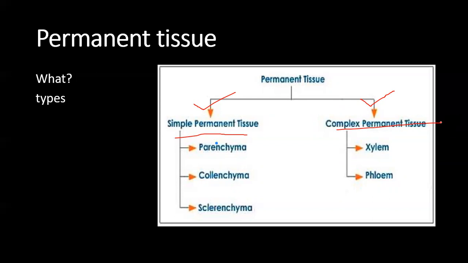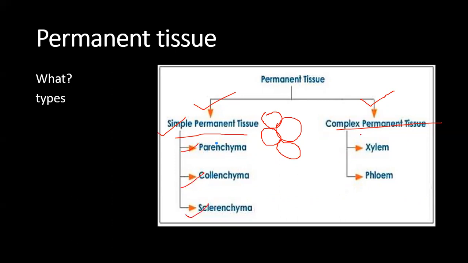Simple means it is made up of only one type of cell. Only one type of cell is there, nothing else with them. So all these together perform a particular function. This group of cells is called simple permanent tissue. So they are parenchyma, collenchyma and sclerenchyma.